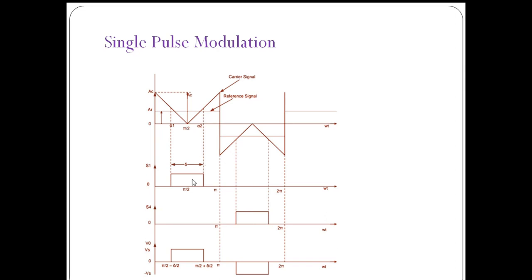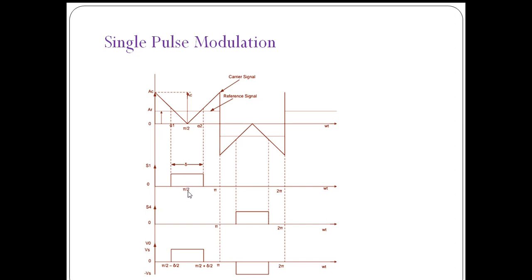So this is for the positive half cycle and this is for the negative half cycle. Accordingly we are getting the output voltage V0, and we are getting a pulse of width 2D. The width of the pulse is 2D, and it is symmetrical about pi by 2.